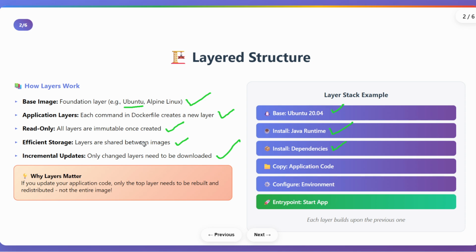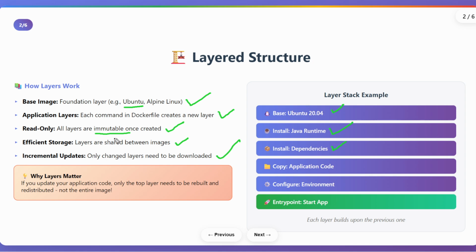And these layers are immutable once created. We cannot change the layers, that is the key point here. Because of that, while writing the Dockerfile itself, we need to maintain the cache, and as much as possible we need to reduce the layers in a Dockerfile.